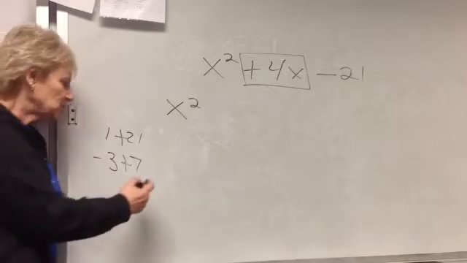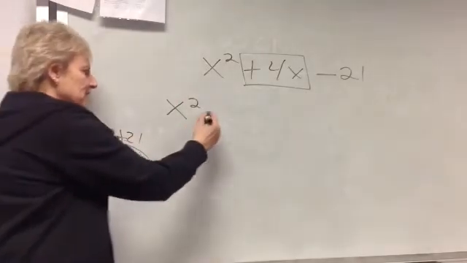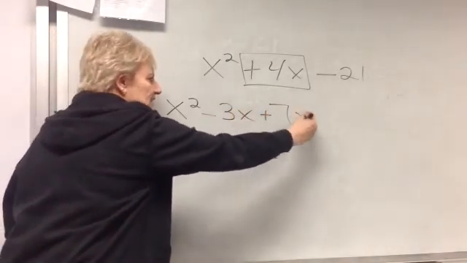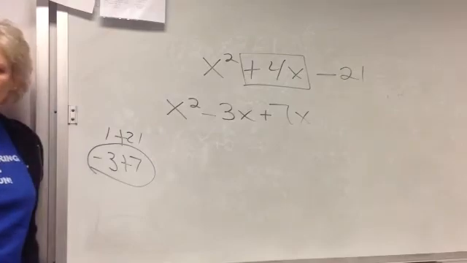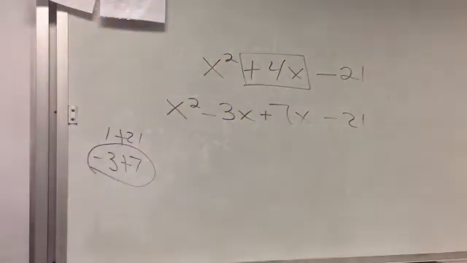Okay. So instead of 4x, we're going to have negative 3x and positive 7x. See what I did? Minus 21. Are we good? We're to get that middle? Once you can get the middle, you can do any kind of factoring problem.